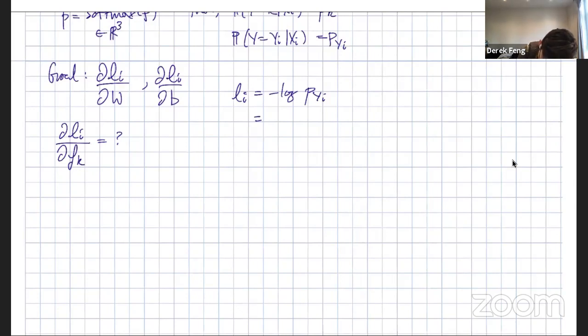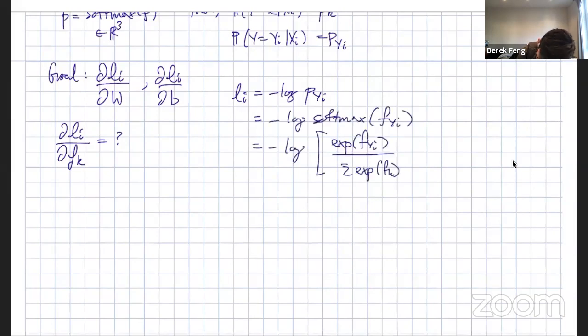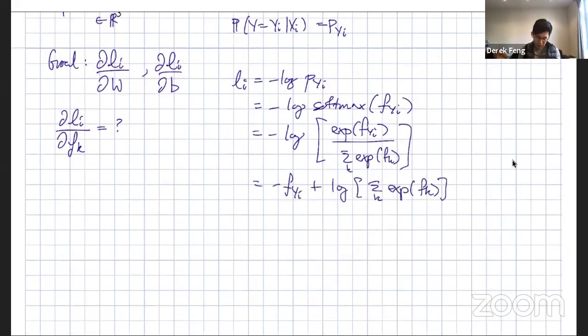That's negative log of e to the f yi over the sum of e to the fk over k. That's negative f yi plus log of the sum of e to the fk. So that's what Li is.